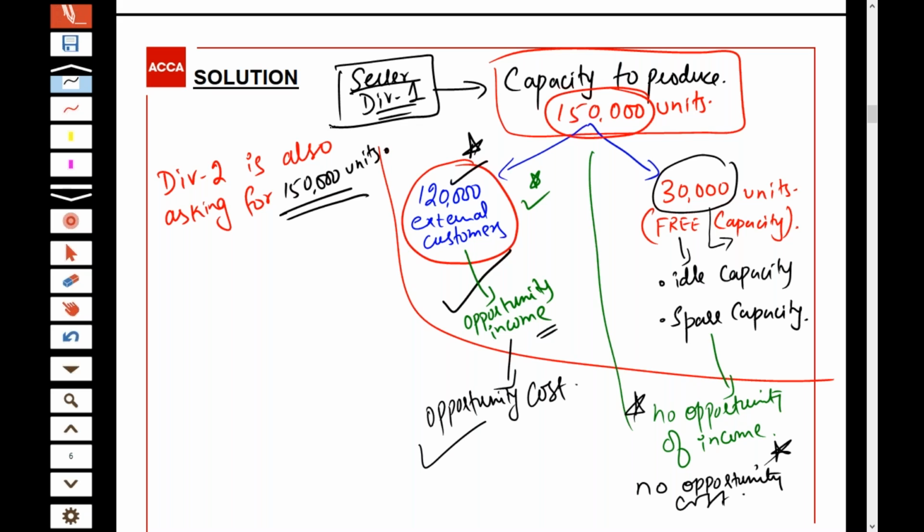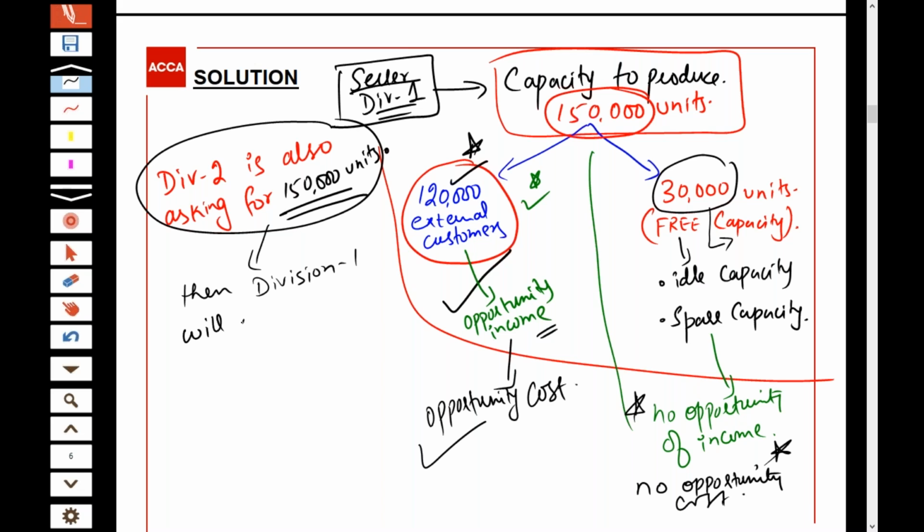So if division 2 is asking for 150,000 units, division 1 will be losing contribution only on 120,000 units, because 30,000 units are at my free capacity and there is no opportunity of income.